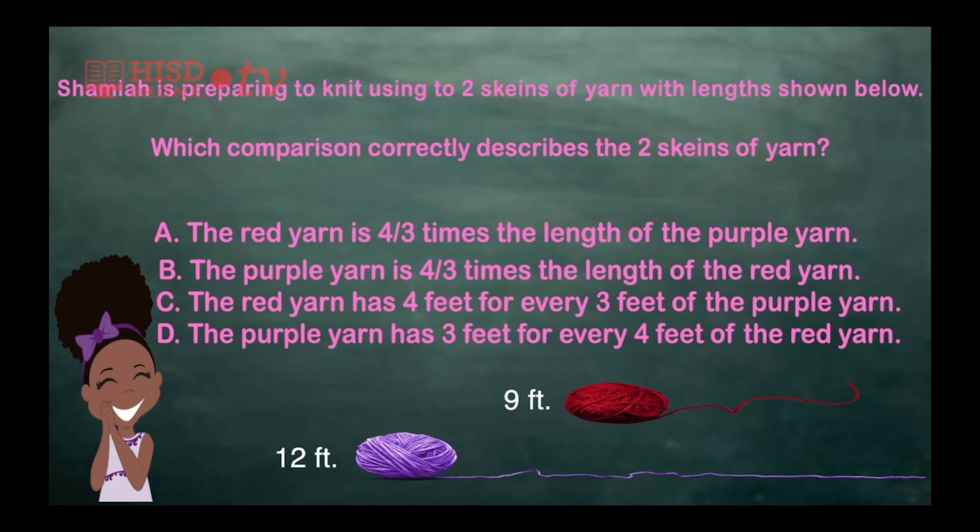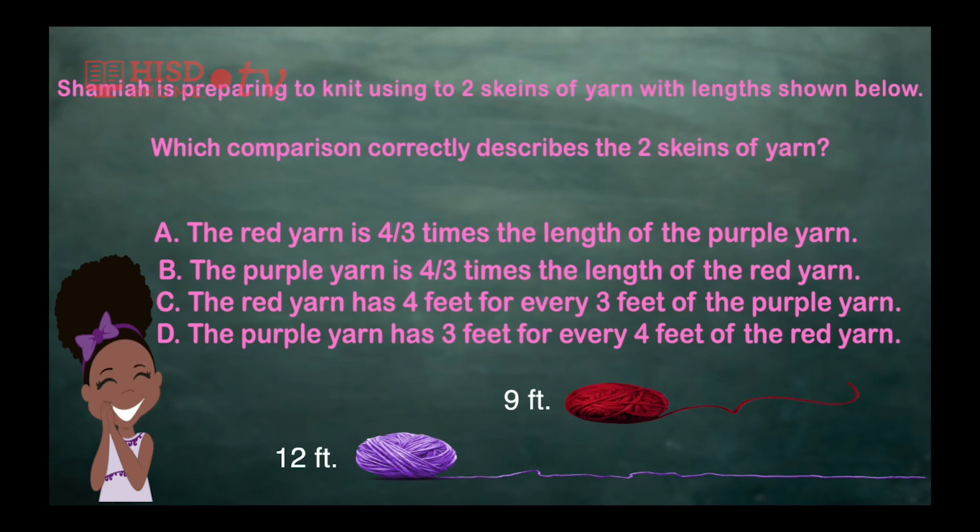So it says the red yarn has 4 feet for every 3 feet of the purple yarn. So with that specific ratio, it's giving the red yarn more feet than the purple yarn. And I know that's not the case. So let's skip to D. The purple yarn has 3 feet for every 4 feet of the red yarn.